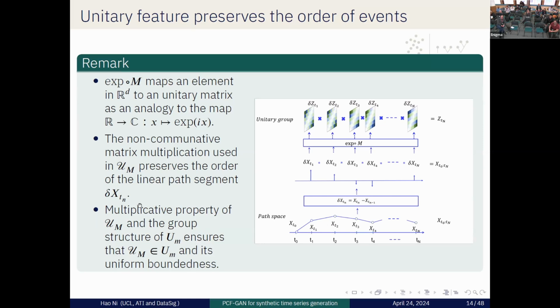And also, because of this group structure, the unitary feature of each linear piece lives in the unitary group, multiplied together in the group, and it also helps with the uniform boundedness. So yeah, that's the intuitive justification about why this unitary feature can characterize the information.